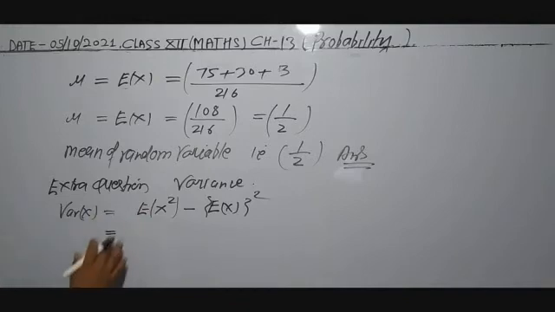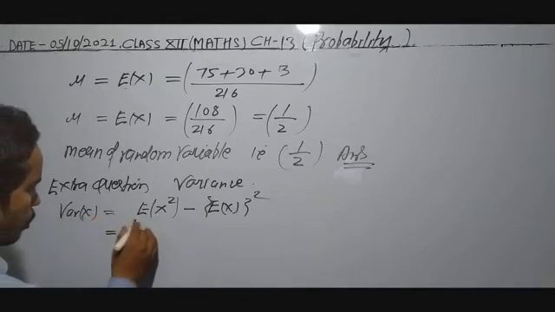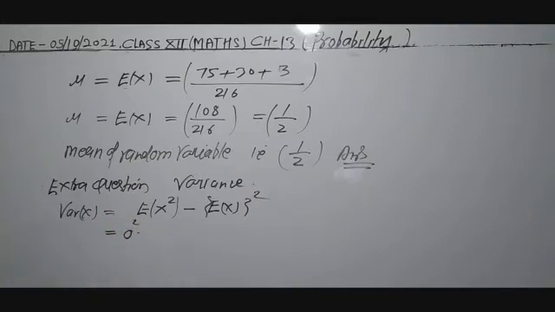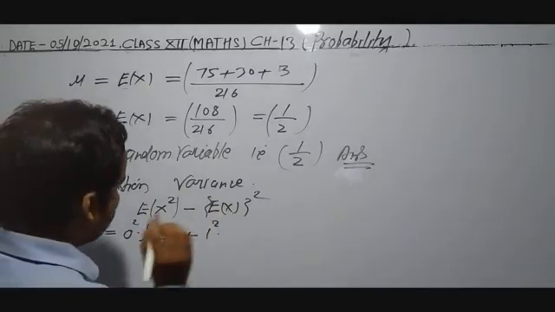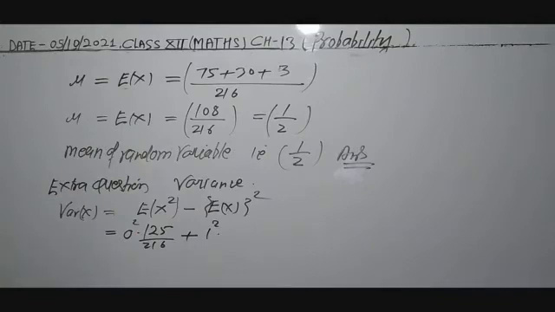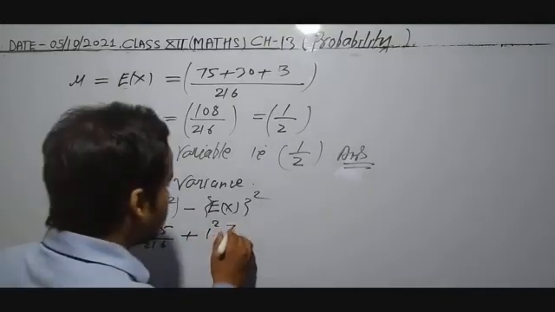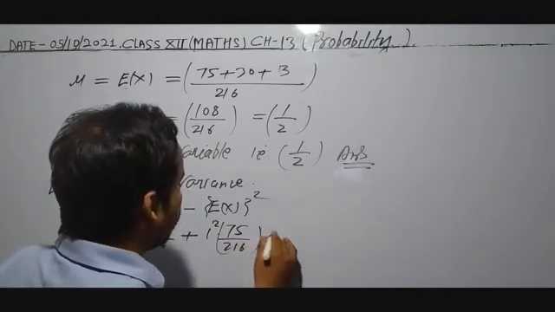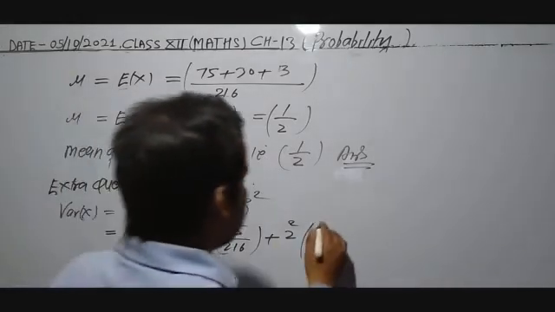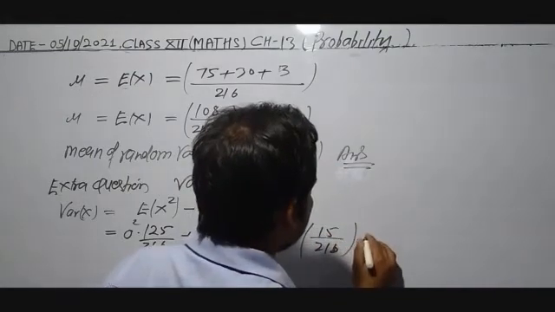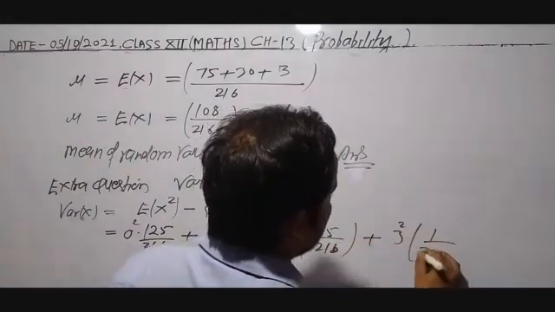So what will be its calculation? It will be 0 square into the first result, no doublets, which was 125 by 216, plus 1 square into 75 by 216, plus 2 square into 15 by 216, plus 3 square into 1 upon 216.